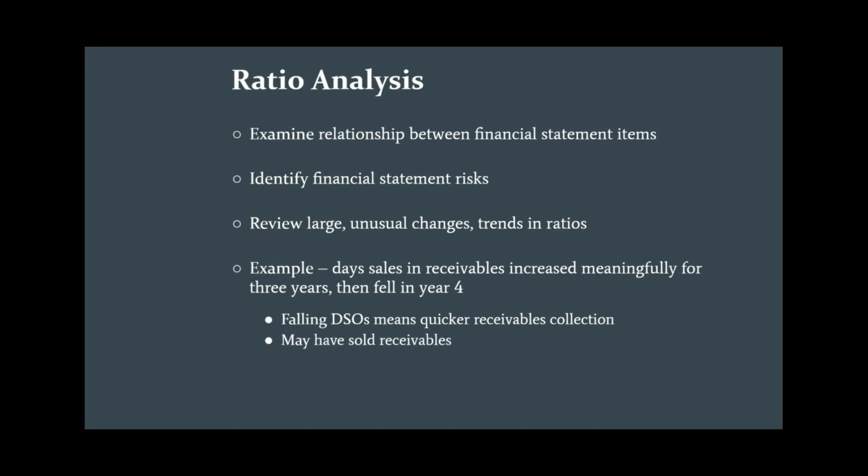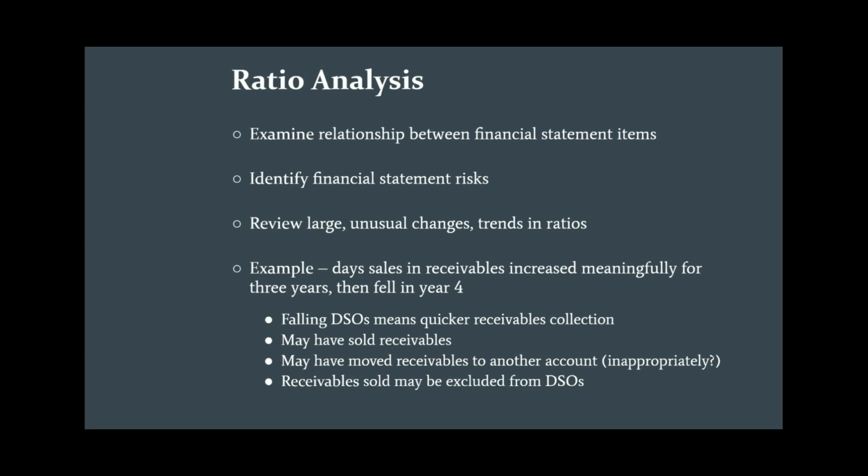It could be legitimately the company has been able to increase its receivables collection, but it could also mean that the company may have sold some receivables, or it might have moved receivables to another account, probably inappropriately. If the company sold receivables, for example, that may be excluded from DSOs. The point I'm making, though, is that there could be a legitimate reason for the receivables collection increasing meaningfully, or it could be that the company is playing around with the financial statements with the receivables to make it seem like it's collecting receivables quicker in the normal course of business.